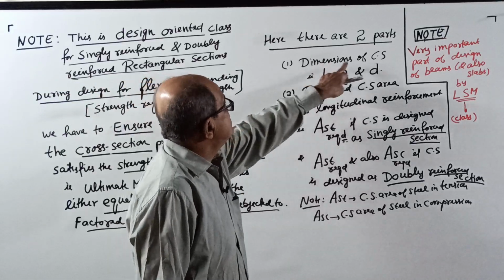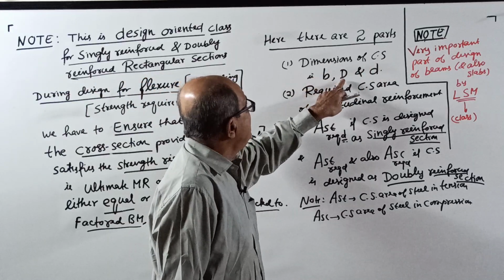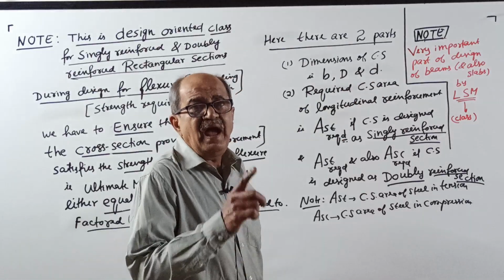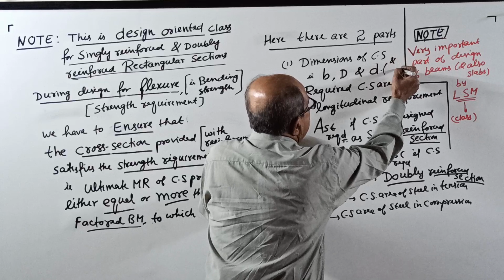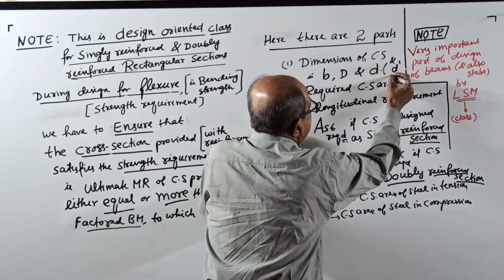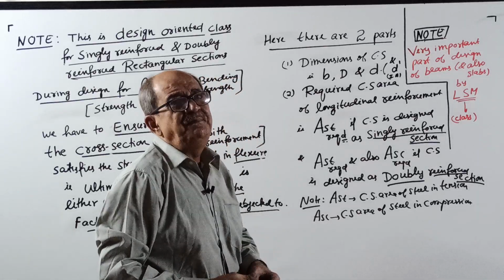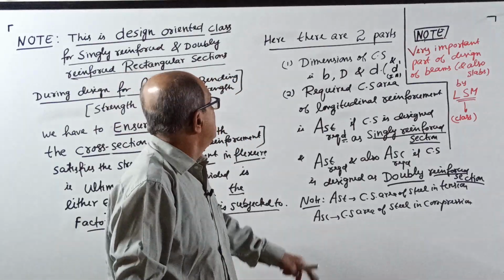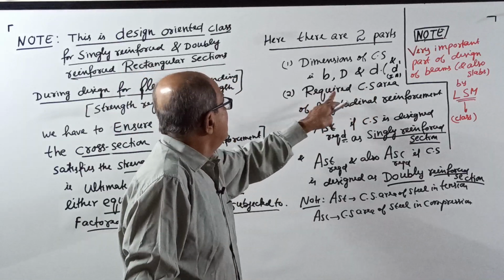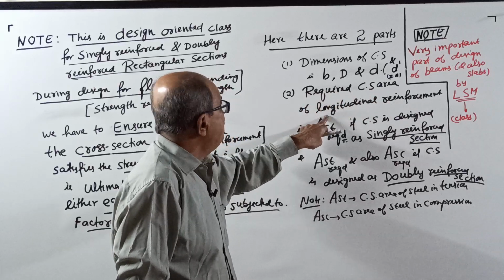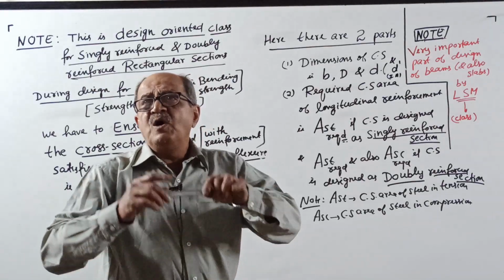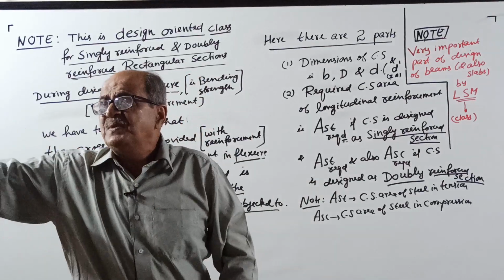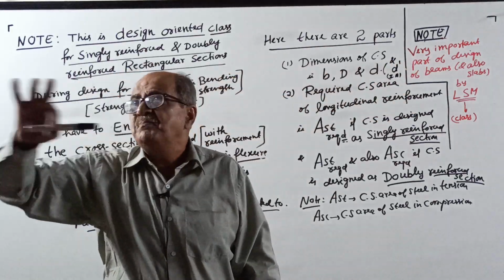Now, here there are 2 parts. One, dimensions of the cross section, that is B, D, and make a note here, D dash, if applicable. If applicable means if it comes as a doubly reinforced section. Second, the required cross sectional area of longitudinal reinforcement. Remember, longitudinal reinforcement means reinforcement running along the length of the member.